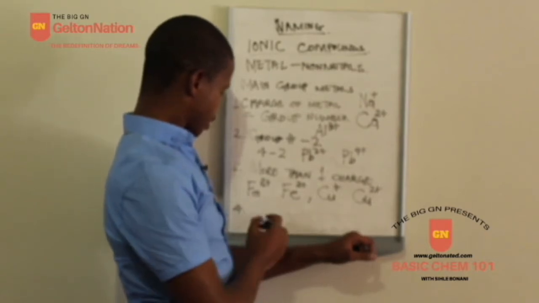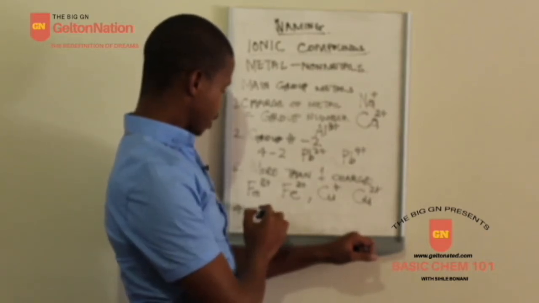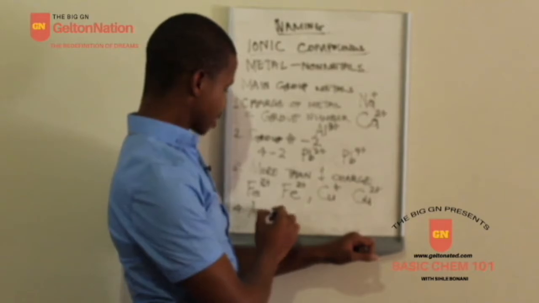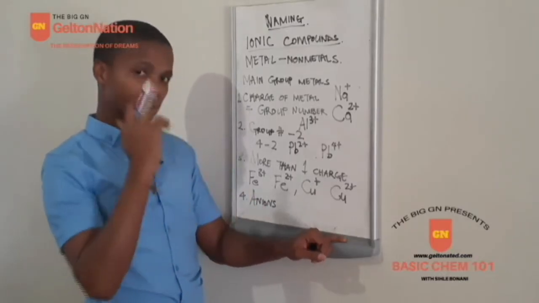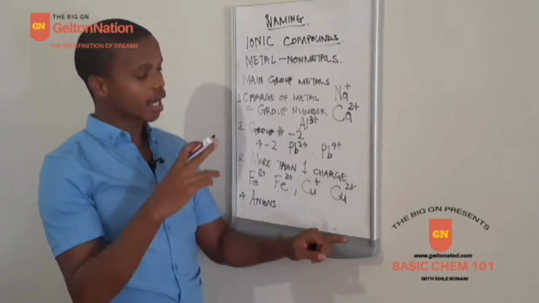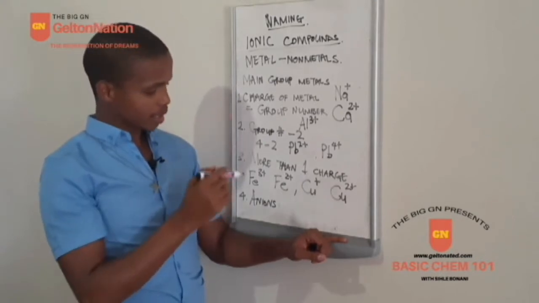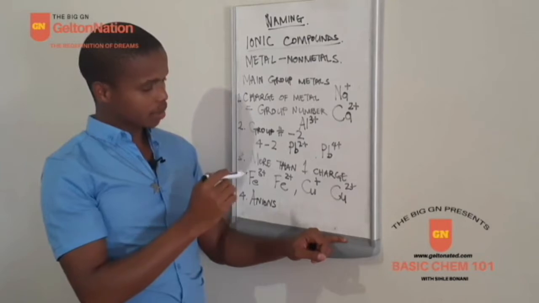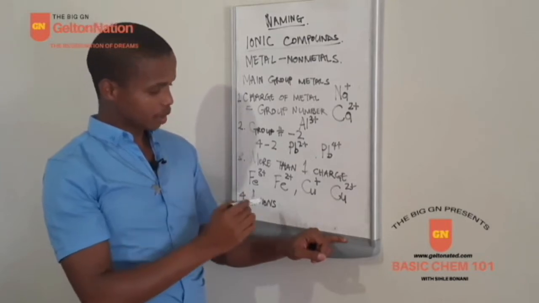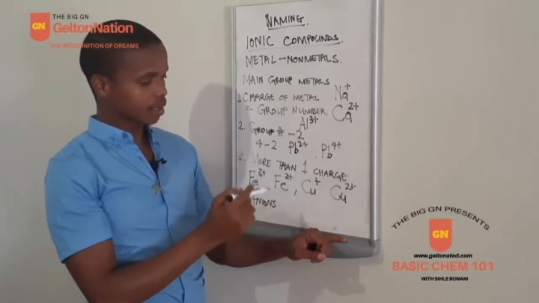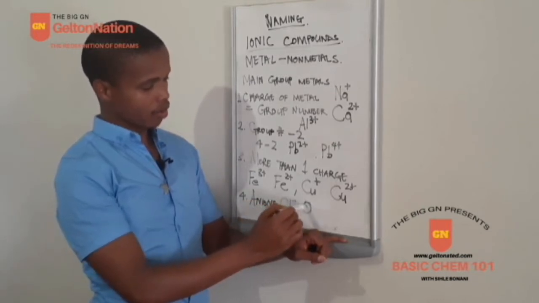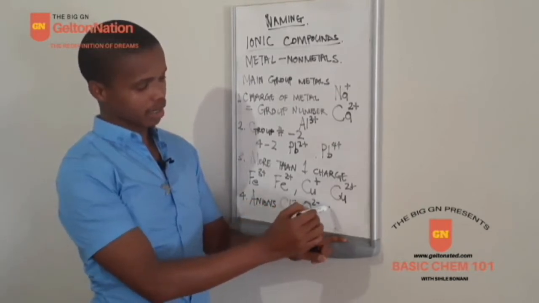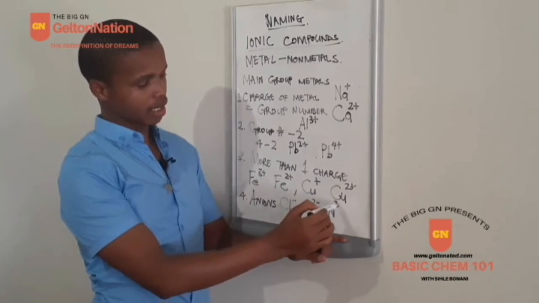Then the fourth would be your anions, which are monoatomic. Remember we had a polyatomic anion, which was sulfate. Now a monoatomic anion would be your Cl-, or your O2-, or your N3-.